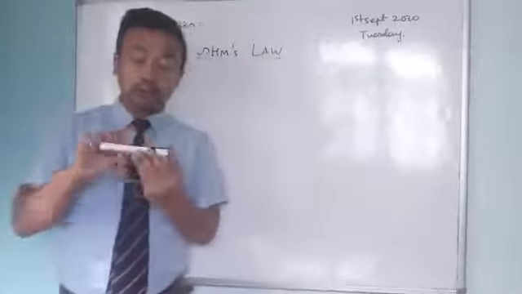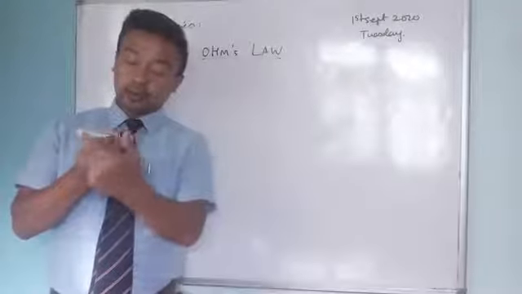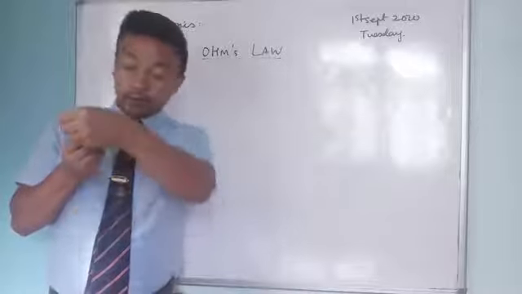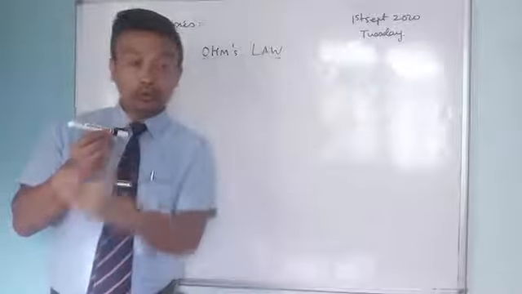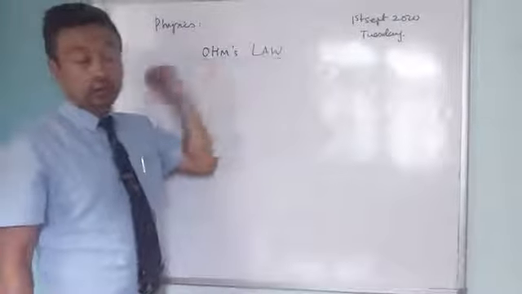Suppose this is a conductor and this is the end of the conductor. Across this end you have a potential difference, and the current is flowing from one end to another. Between these two quantities, one relation is obtained, and that relation is called Ohm's law.